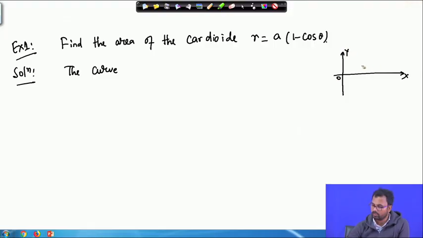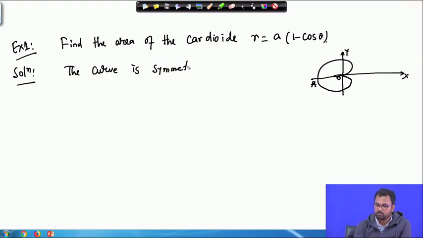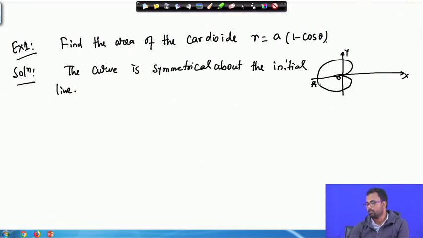It looks something like this. All right, so that is the origin. Let us say this is the point A, and that is how it looks, and it is symmetrical. The curve is symmetrical about the initial line. The initial line is basically theta equals 0.